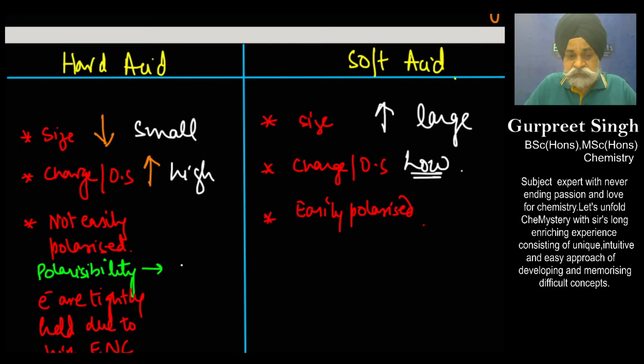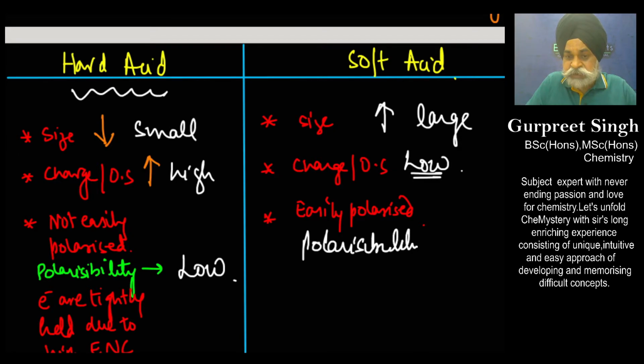Also you have to understand that for a cation whose valence electrons are tightly held by the nucleus, we will say it is not easily polarized. So when the polarizability of a cation or a neutral species is low, we will say it is a hard acid.